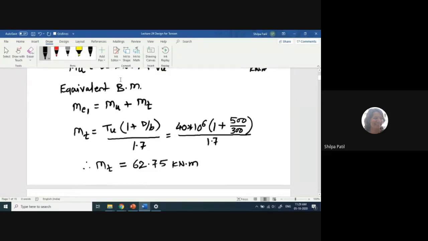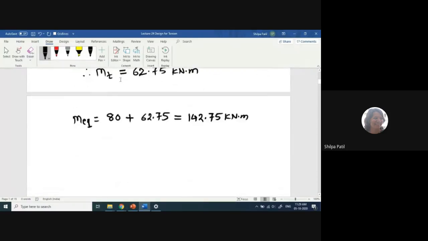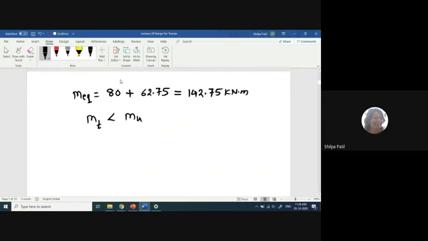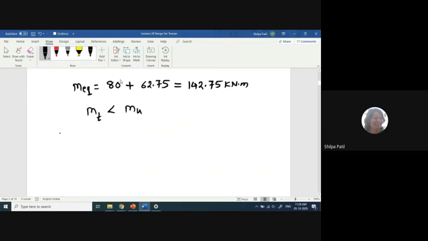Here in our case, Mt is less than Mu. So just write down one statement: therefore, provide steel only on the tension side of the beam.